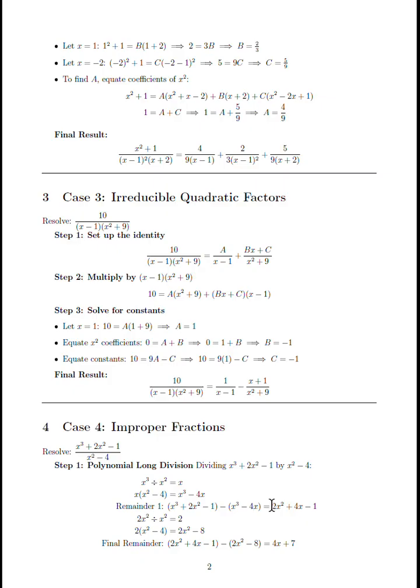And you can see this 2x squared plus 4x minus 1 is a polynomial, but the polynomial is not yet in a degree that is less than the degree of our denominator. They are on the same degree now. We need to reduce it to a degree that must be less than the degree of the denominator.